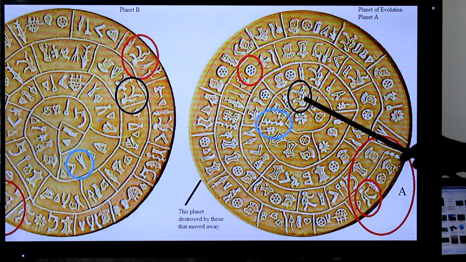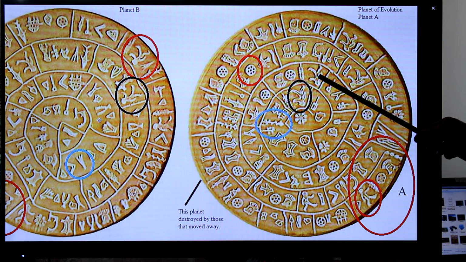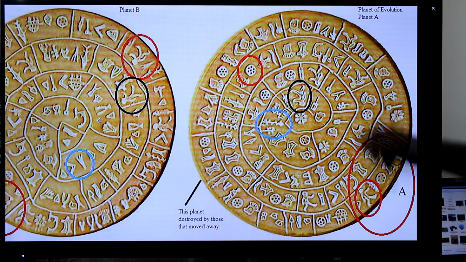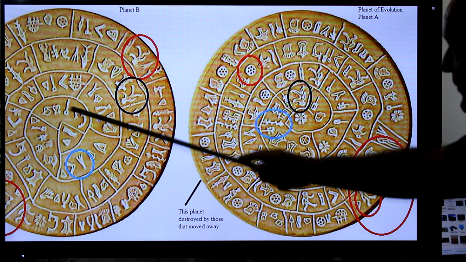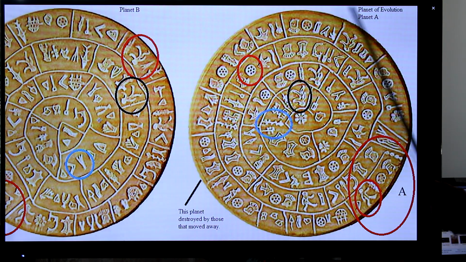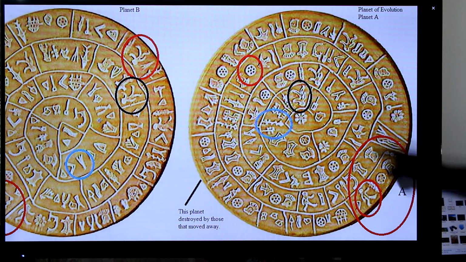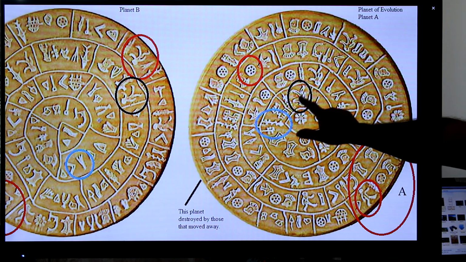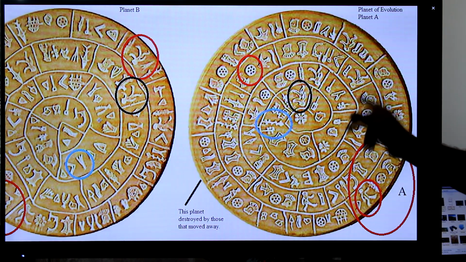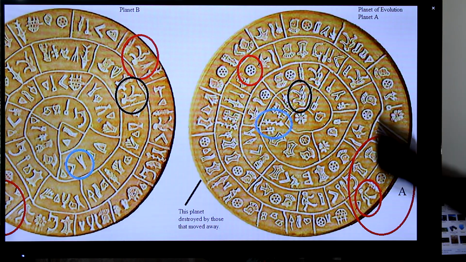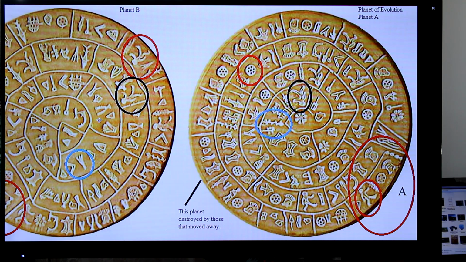We see him evolve here, and he's still here, but I want you to be aware that over on this plate there is no walking man at any point. So we've got planet A here and planet B. We're talking about a being here, a hominid, a human, modern human, just like you and I, very, very early on here. But the only difference was that there was no breeding all year round.